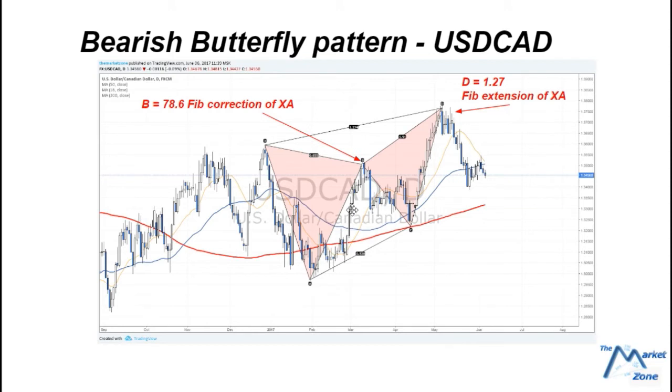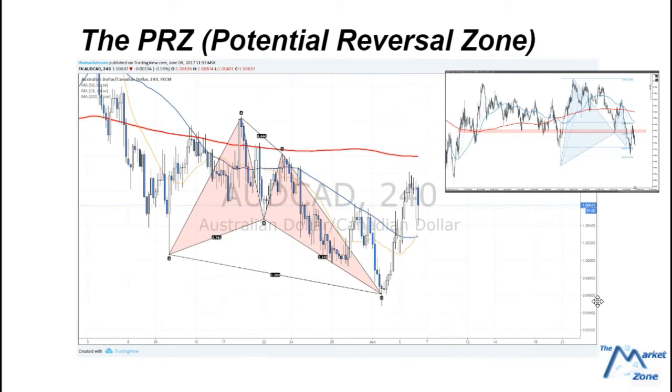Other than that, we usually want to see also an AB equals CD pattern forming with the wings. That usually creates a perfect butterfly, and also that the C point is a 50% or 61.8% Fibonacci retracement of A to B.